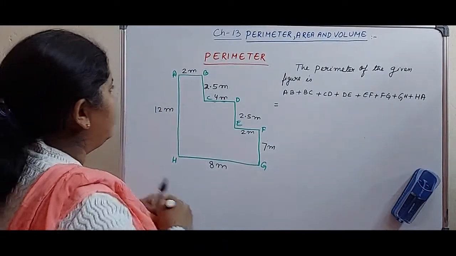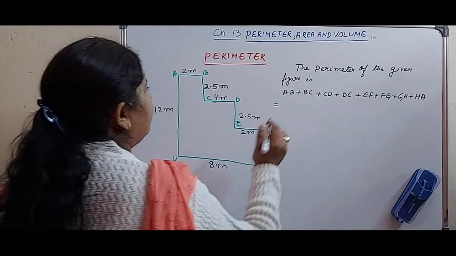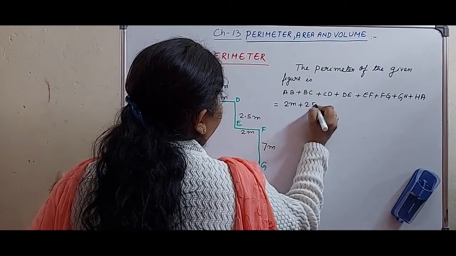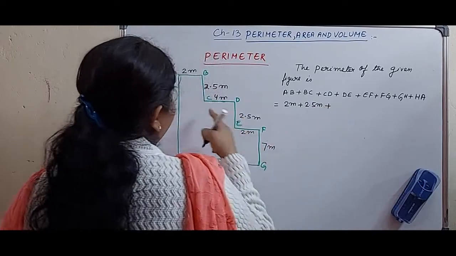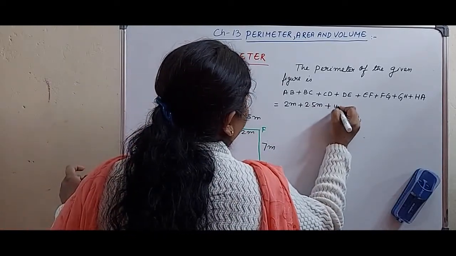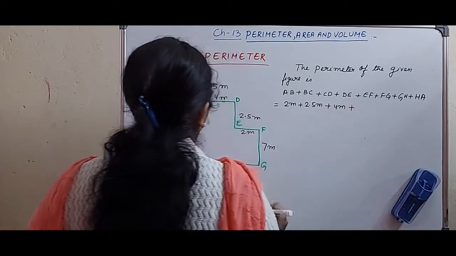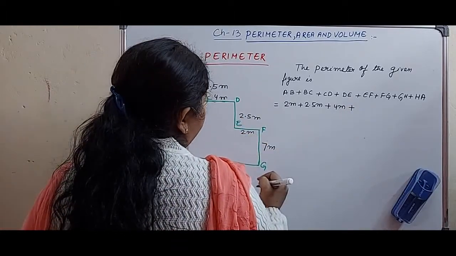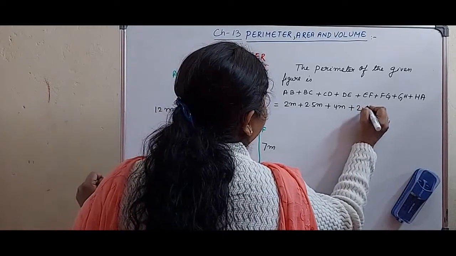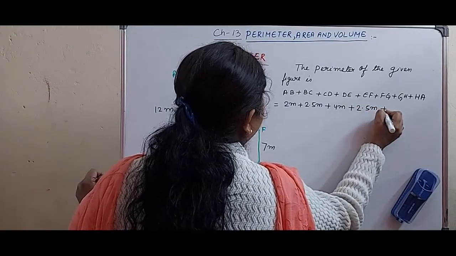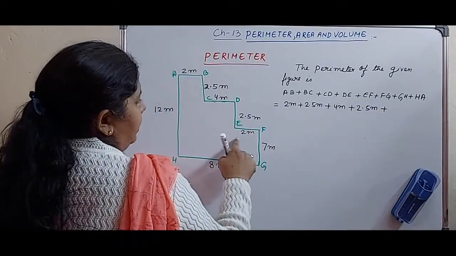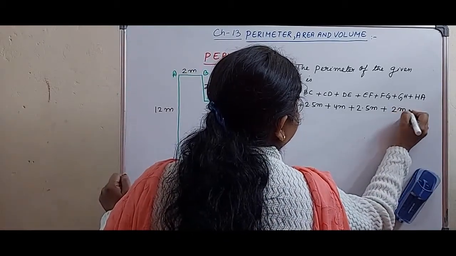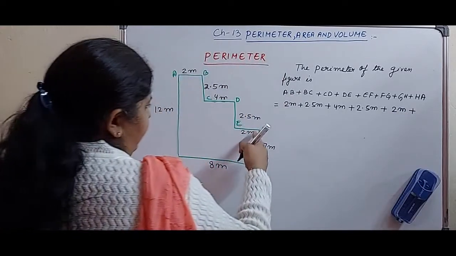Then we have BC as 2.5 meter plus 2.5 meter plus CD as 4 meter plus DE, 2.5 meter, plus EF as 2 meter plus FG.